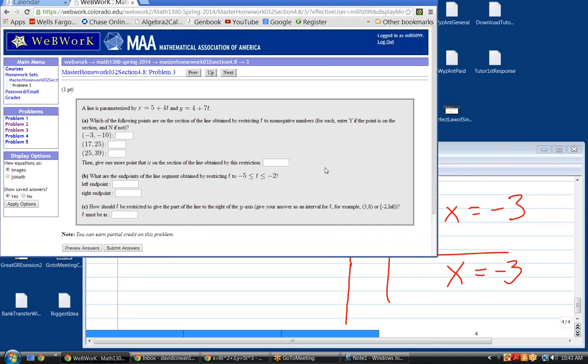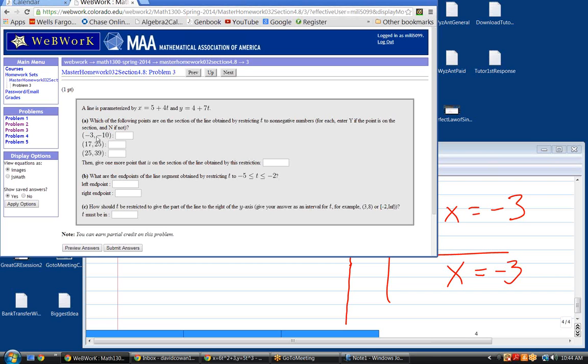The line is parameterized. Which of the following points are on the line obtained by restricting t to non-negative numbers? Mark y if the point is on the section and n if not. So they're asking us if these three points are on the line.